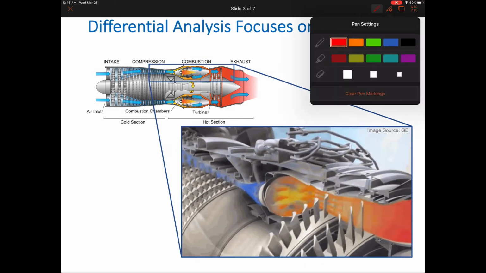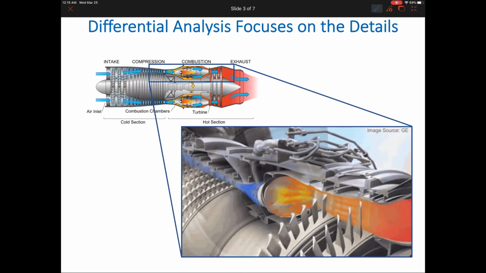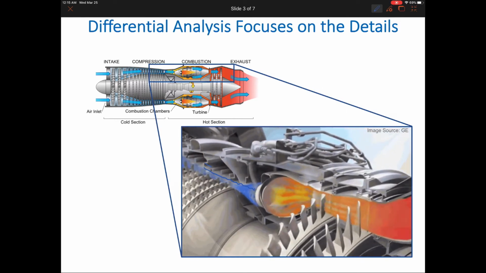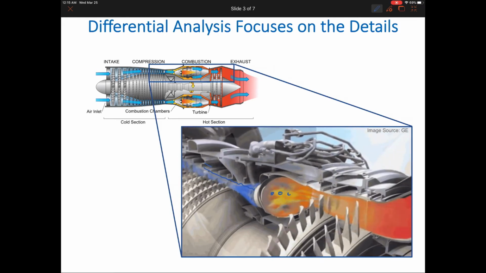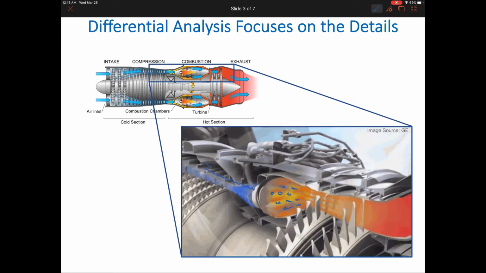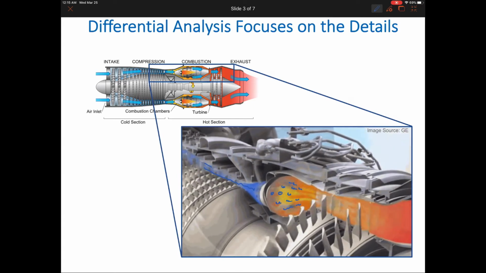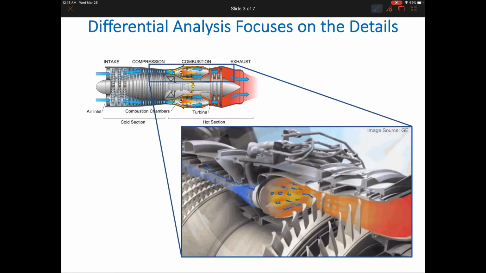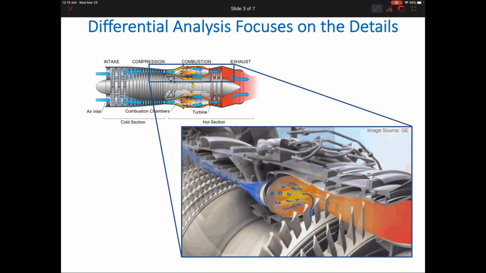So if we have mass that travels through the compressor, down through here, right? And then into the combustor, and we have all this amazing swirling mixture of air and fuel that then gets combusted and burns very hot and then runs through these turbine vanes.